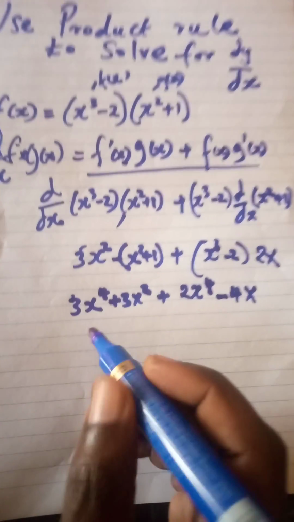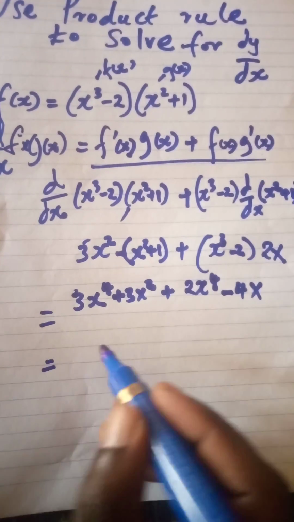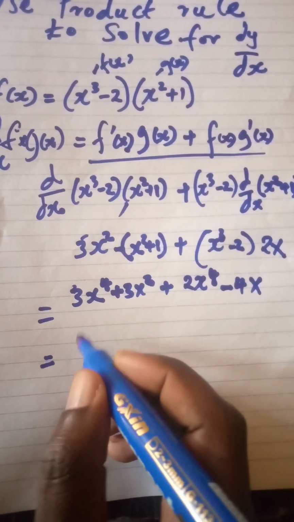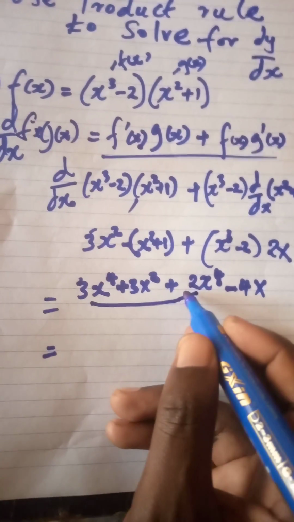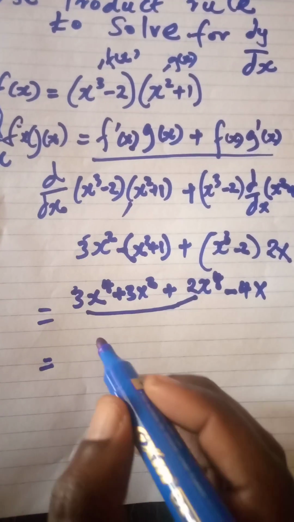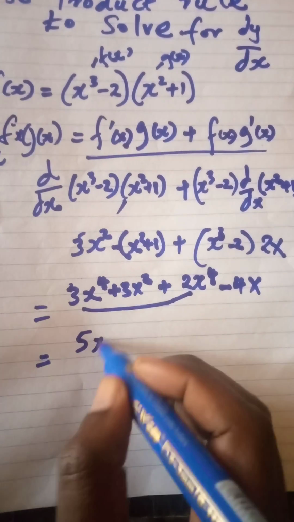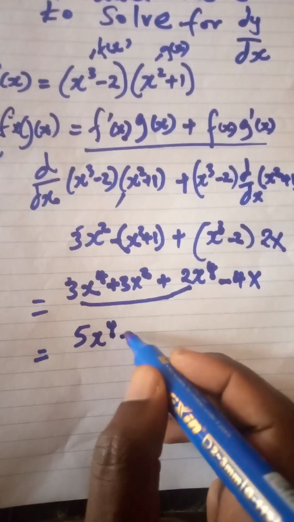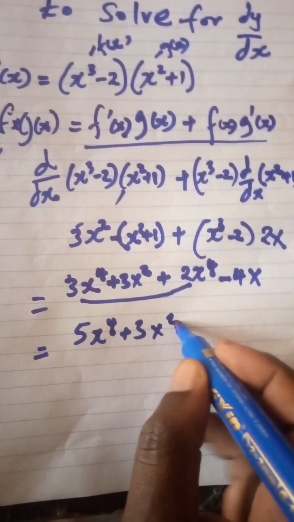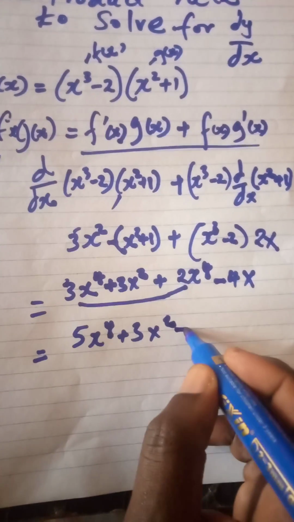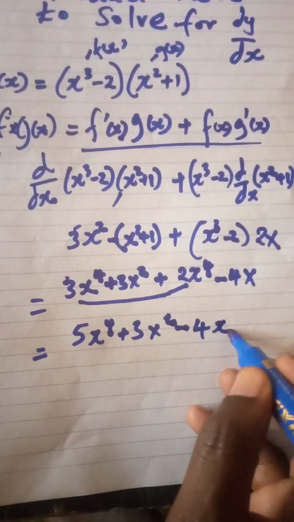So I can collect like terms, and 3 plus 2 is going to be 5x power 4 plus 3x squared minus 4x.